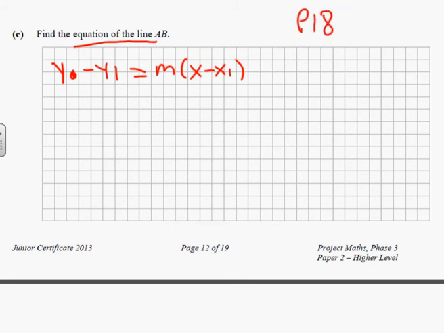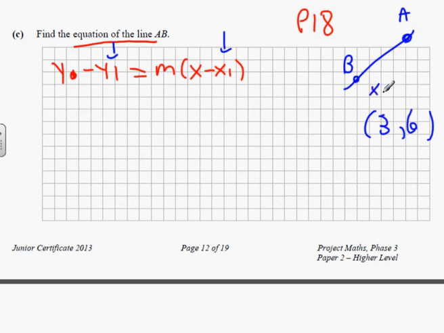Next thing. What do x1 and y1 represent? It represents either A or B. You need to pick a point that's on your line. Do you understand? What's point A again? A is 3, 6.